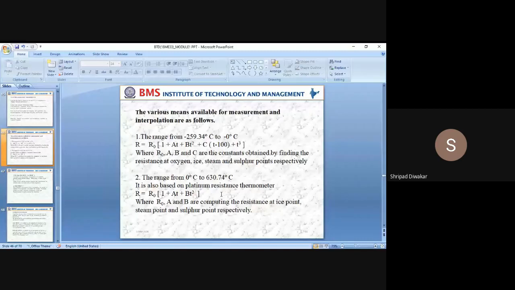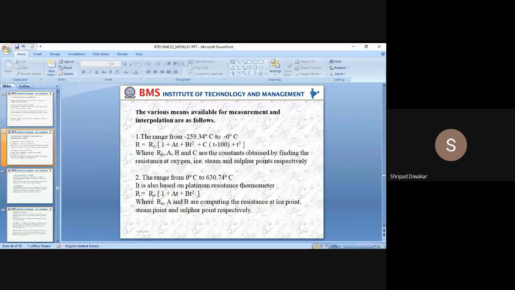Second range is from 0 degrees Celsius to plus 630 degrees Celsius, and it is based on the platinum resistance thermometer. It follows the equation R equals R naught into 1 plus AT plus BT square.